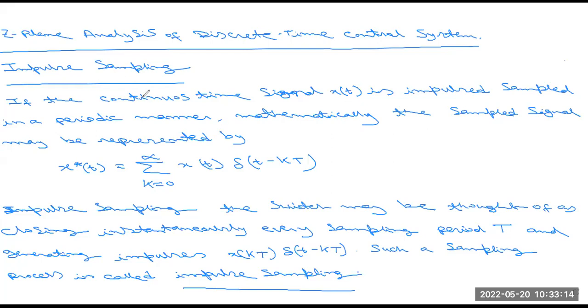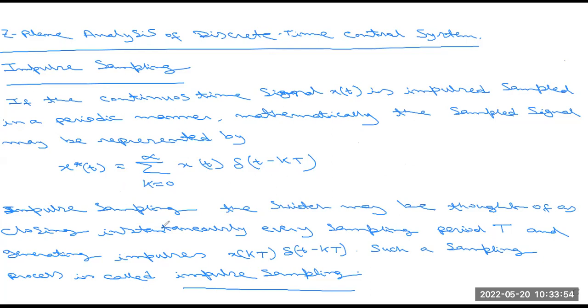We express mathematically the sampled signal x*(t) equals the summation of k equals 0 to infinity. In the z-transform method we consider the one-sided transform, so the limit is k from 0 to infinity, of x(t) delta(t minus kT), where k changes as 0, 1, 2, up to infinity.